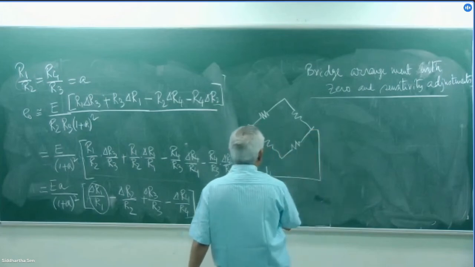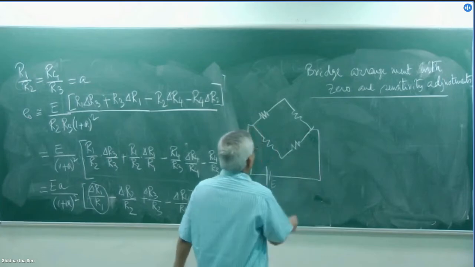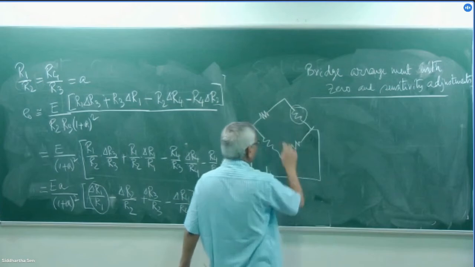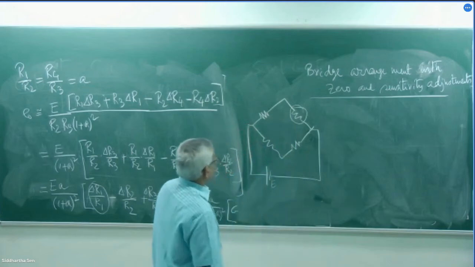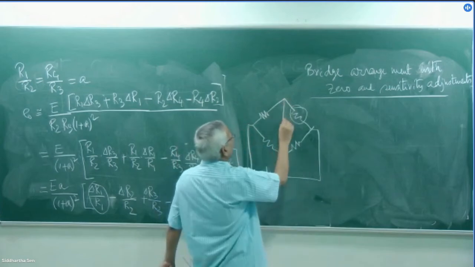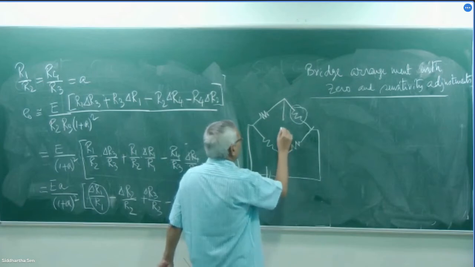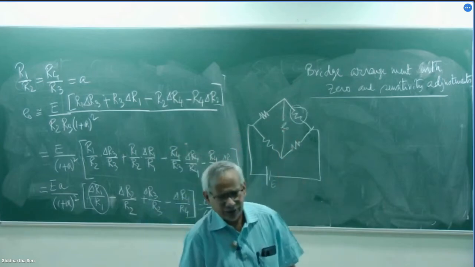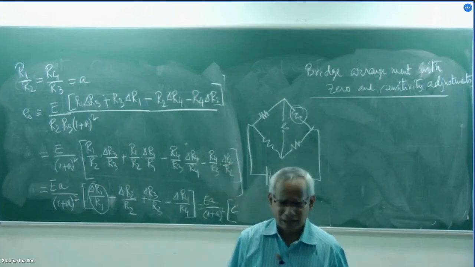So what we want is that if one of the strain gauges is not under strain, the bridge should be perfectly balanced.